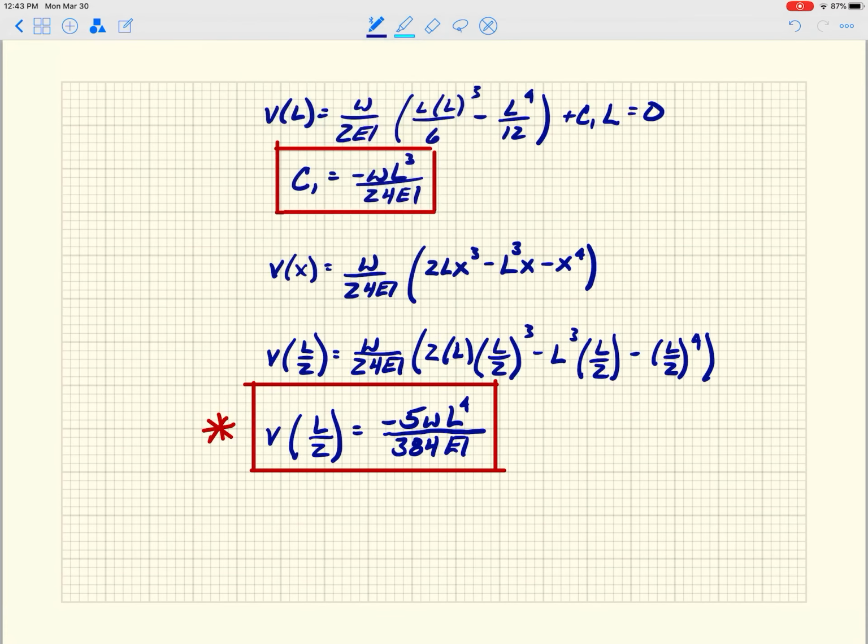Then on the last one here, we've got to solve for the rotation at x equals 0, which is the left-hand support. In order to do that, the first thing I need to do is solve not for the vertical displacement as a function of x, but the rotation as a function of x.